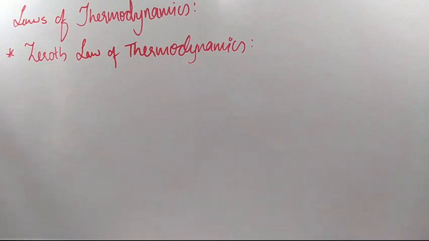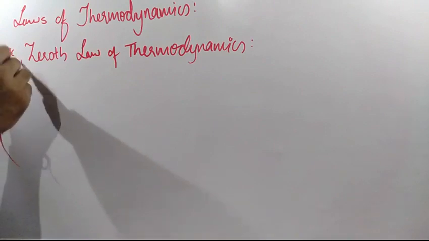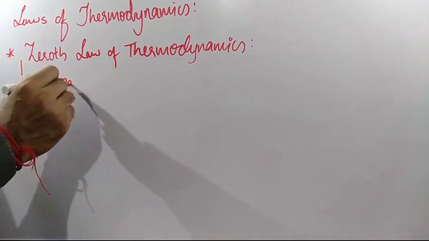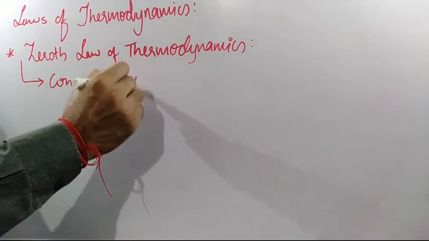Initially I told you the zeroth law of thermodynamics is based on the thermal equilibrium concept. According to the first definition of thermal equilibrium, temperature should be constant. Listen, the concept behind the zeroth law of thermodynamics is nothing but temperature.